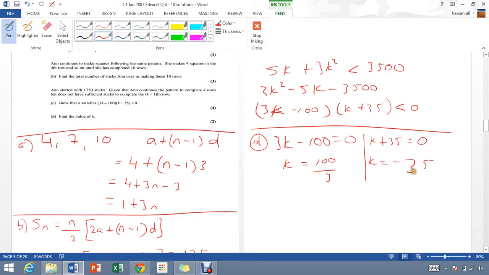Now we can't have minus 35 sticks, so therefore your answer will be, because 100 divided by 3 is 33.3, we'll just say k is equal to 33. That'll be your answer there.